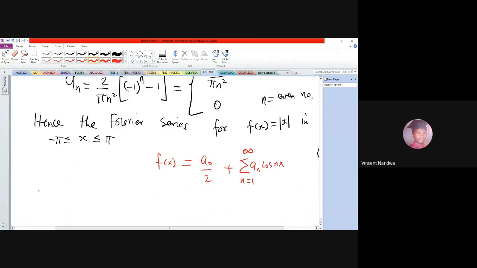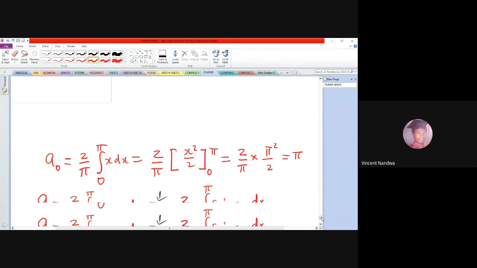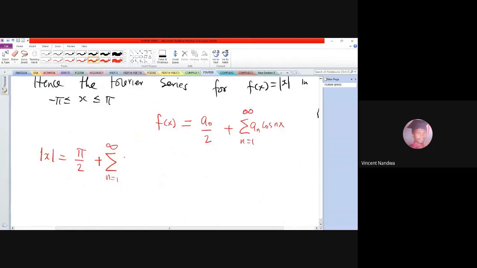So we have the absolute value of x given by a naught over 2, which is pi over 2, and then plus summation n from 1 to infinity, and the value of n giving us non-zero value is given by minus 4 over pi n squared, then cosine of nx.